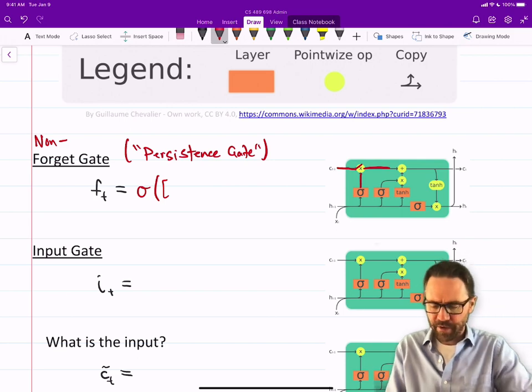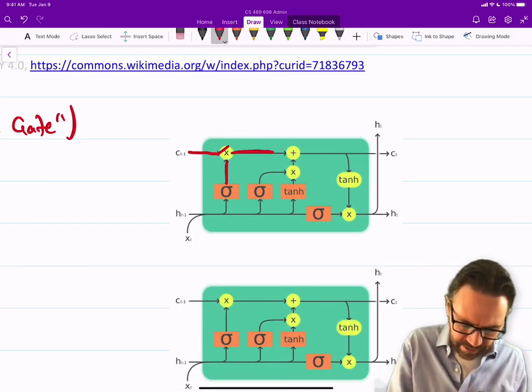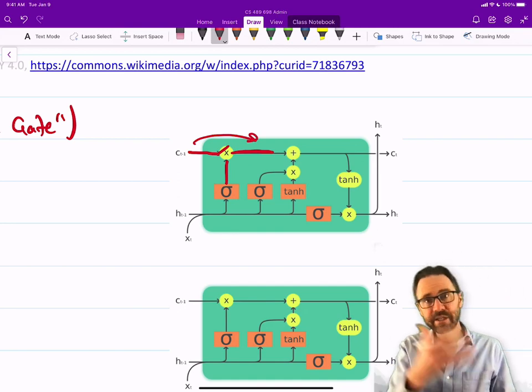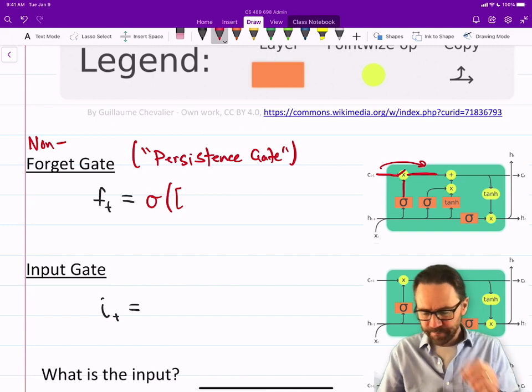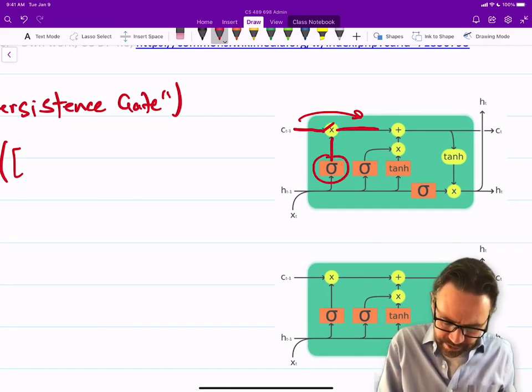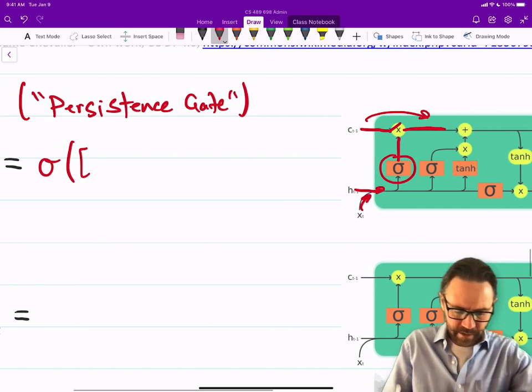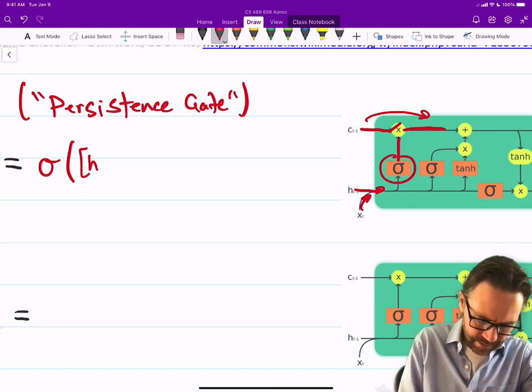So we're talking about whether or not information passes through there, whether or not, to what extent C gets copied over and persists inside. So that gate thing is here. It's got two different inputs, h t minus 1 and x t. So that's why we have h t minus 1, x t.